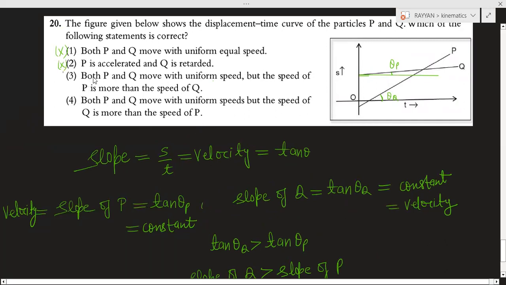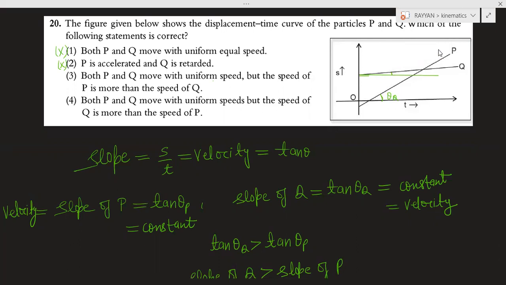Now the third statement: both P and Q move with uniform speed, right? Uniform means constant speed. Both P and Q are moving with uniform speed, but the speed of P is more than that of Q. Yes, it is right. Actually, we have taken the wrong theta.